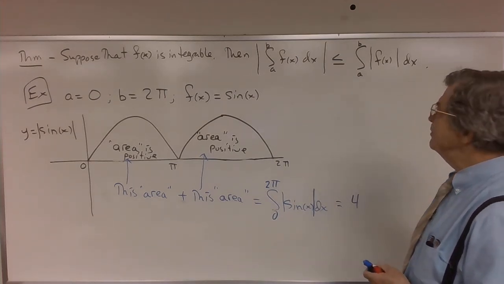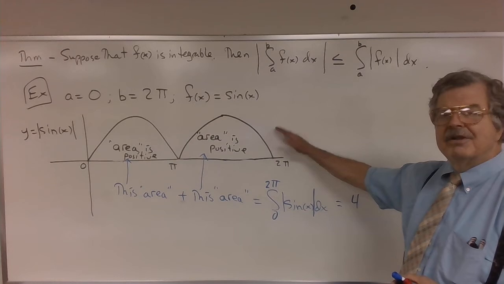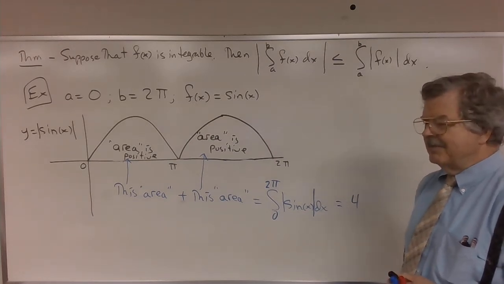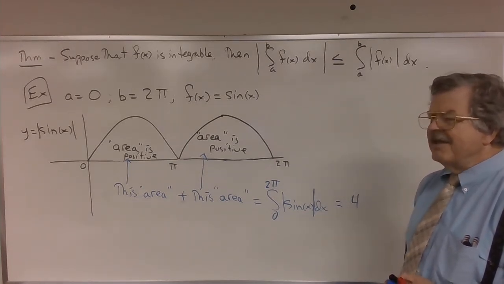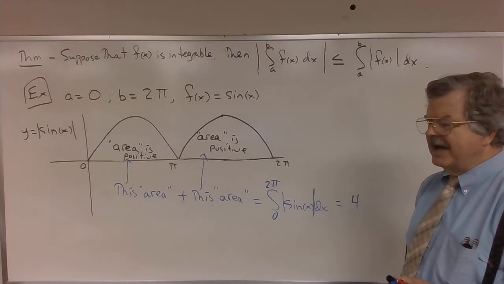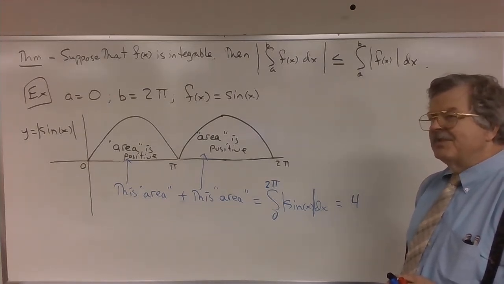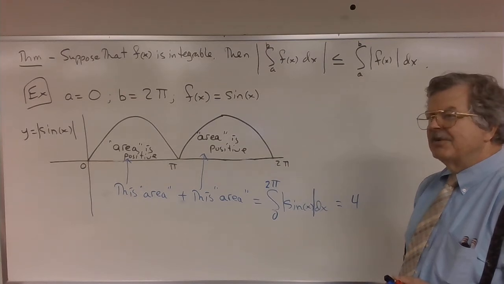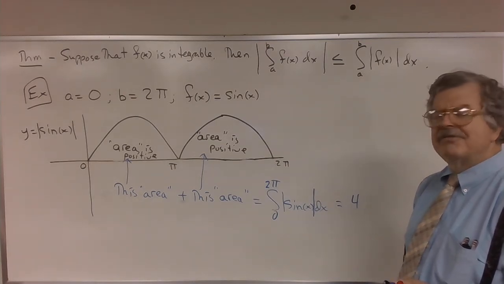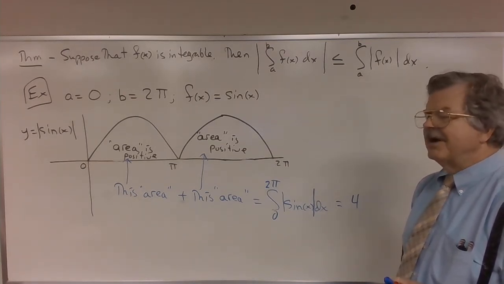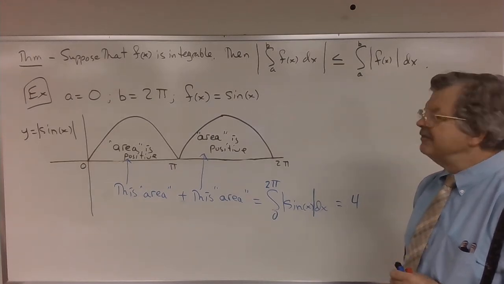If f of x is positive on the entire interval and we do the absolute value, we get something positive. If f of x changes sign, then the region in which f of x is negative will cancel out some or all of the region in which f of x is positive, area-wise.